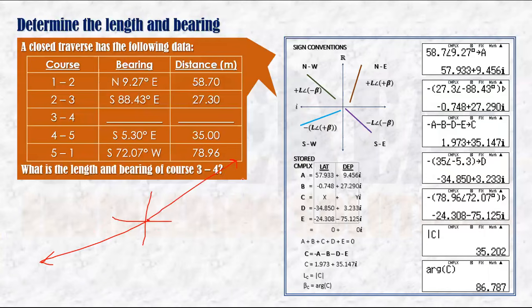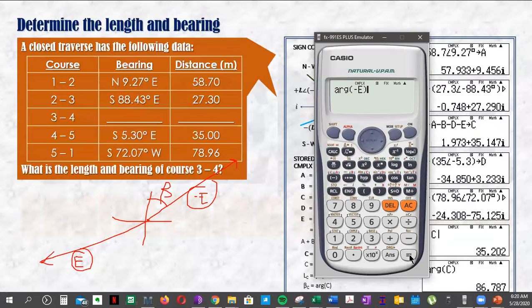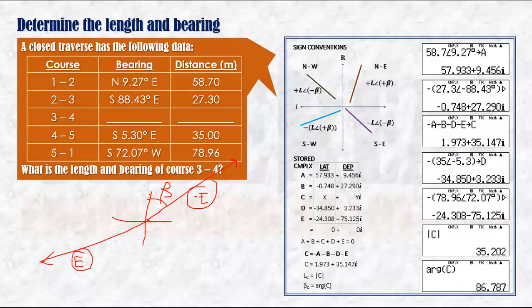And upon reflecting that on the other side, if this is E, then its reflection at the other side is negative E. And the argument of negative E is this bearing. That's why I made it arg of negative E. And if I do not negate, for sure, that will give me this angle. And that's for sure an angle ranging from negative 90 to negative 180.